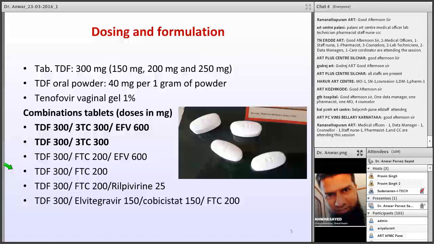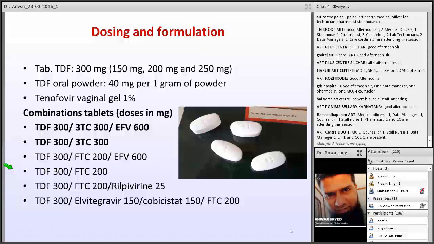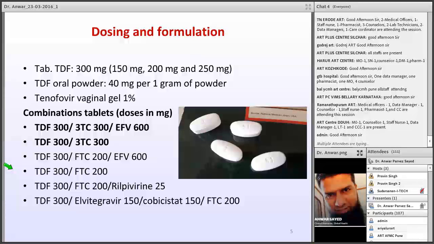Other than these, there are various combinations like emtricitabine with rilpivirine and elvitegravir and others. But in the national program, what we have is tenofovir, lamivudine, efavirenz, that is TLE, and tenofovir and lamivudine, that is TL.